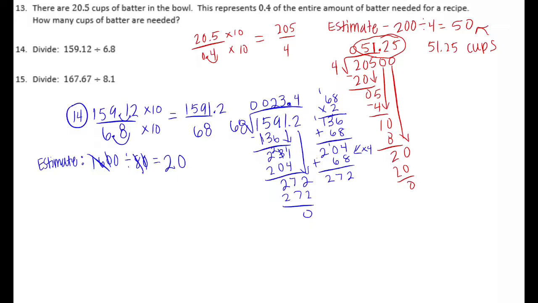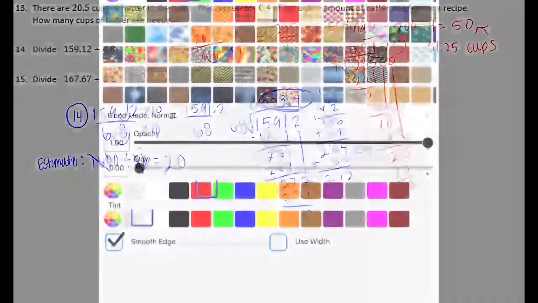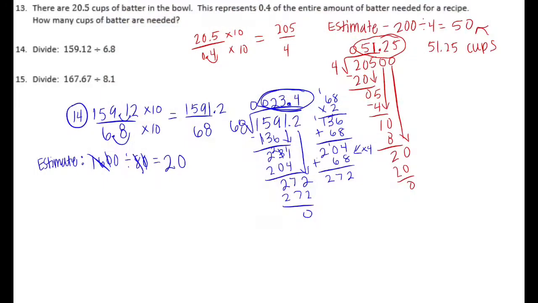No remainder. So we get 23 4/10, which is close to our estimate of 20. Okay, last one. 167 and 67/100 divided by 8 1/10.